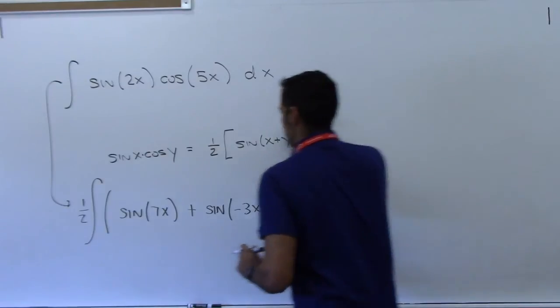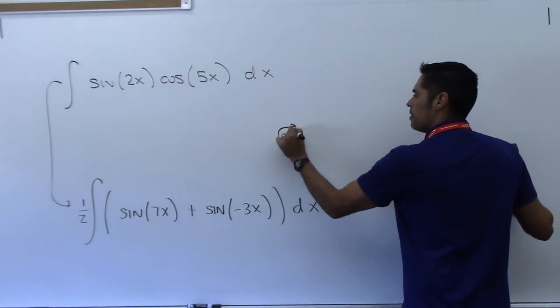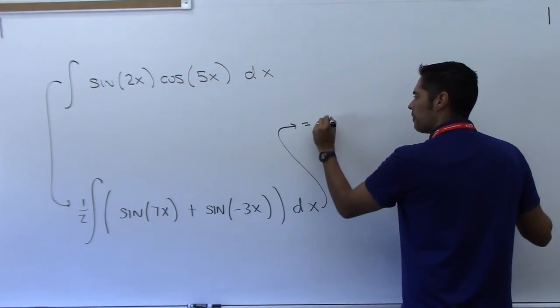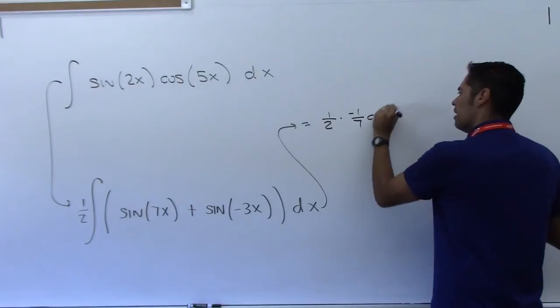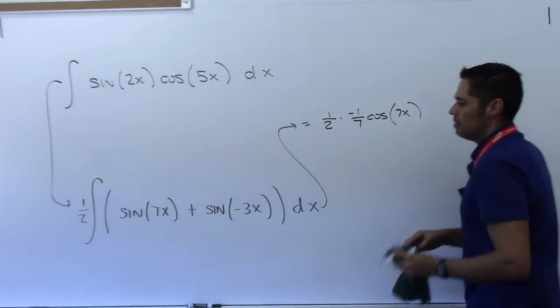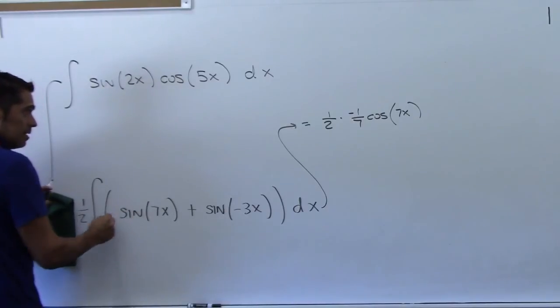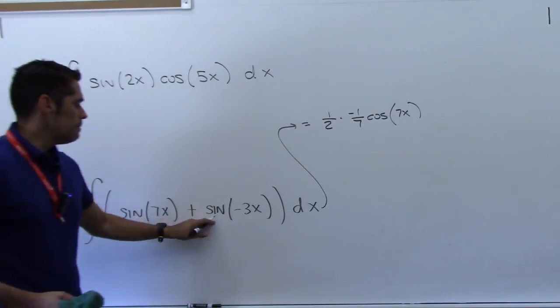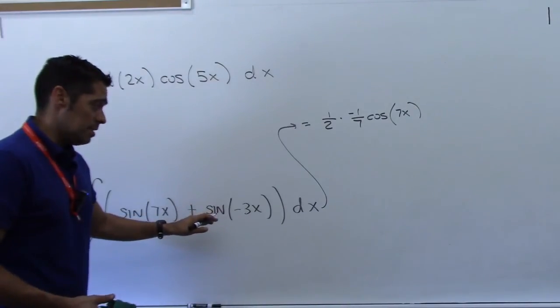I'm going to erase this. All right, or y'all following this? So this is 1/2 times negative 1/7 cosine 7x. So the antiderivative of that is negative cosine, but then scale by the 7. This one over here is, again, negative cosine, but you scale by what this time?